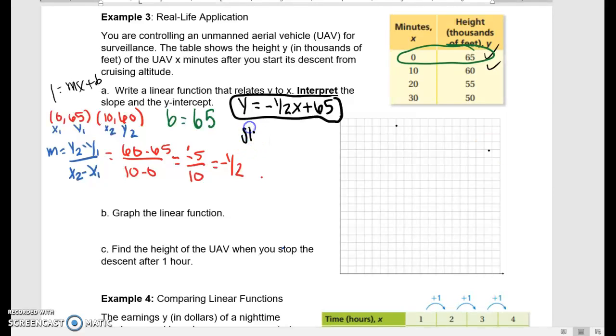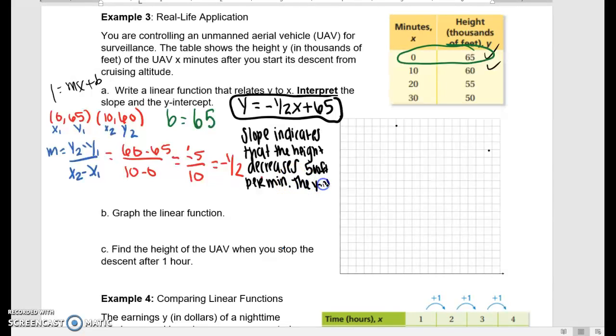So your slope in this particular problem indicates that the height decreases 500 feet per minute, and the y-intercept means that the cruise starts at 65,000 feet.